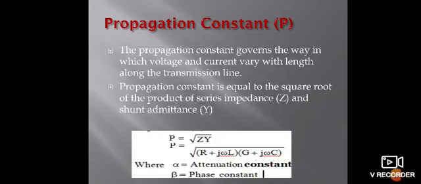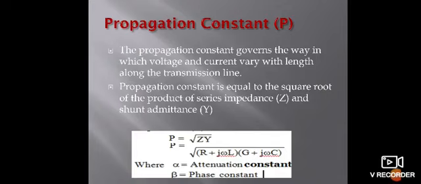The propagation constant governs the way in which the voltage and currents vary with unit length along the transmission line. The propagation constant is equal to the square root of the product of series impedance and shunt admittance, that is P equals under root of Z into Y. Z is the impedance and Y is the admittance.